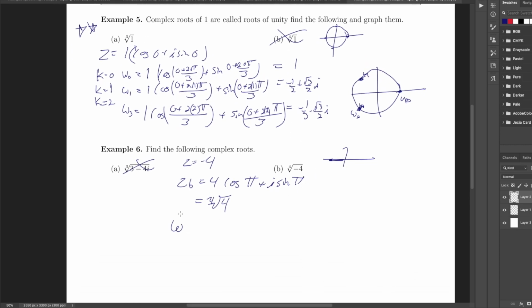So here we'll have W0. So 4, which is, let me just write this out. So our roots, which I'll name W0, W1, W2, and W3.